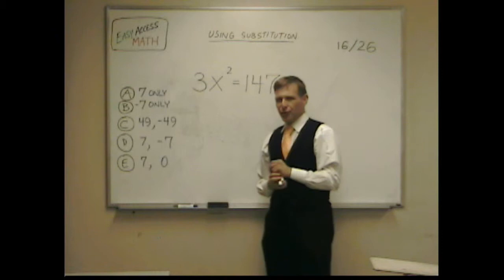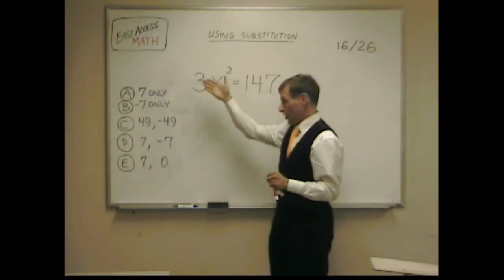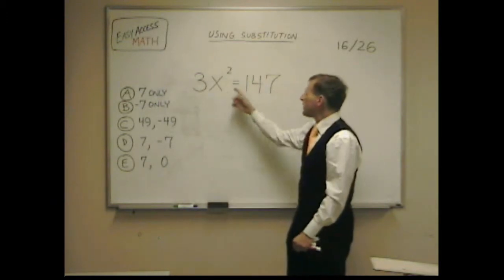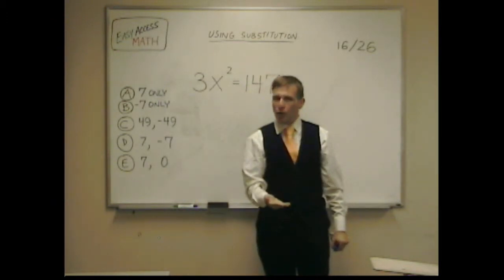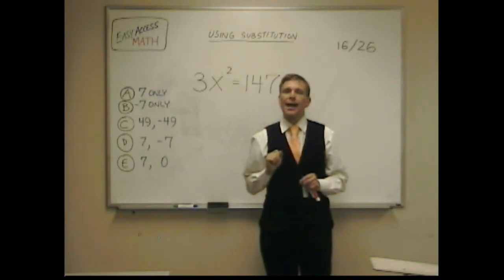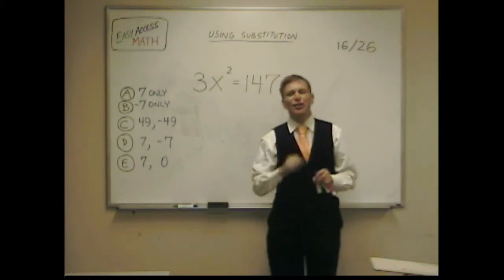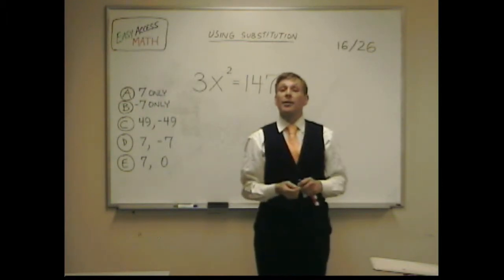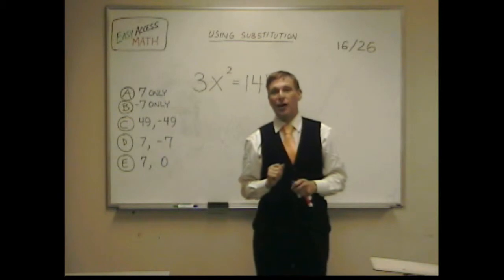You could use substitution to get the answer. You could look at your choices and see which ones fit, which ones make the equation equal. It's a good alternate method, and if you substitute correctly and watch your order of operations, signed numbers, and rules of squares and powers, you'll get the right answer every time.